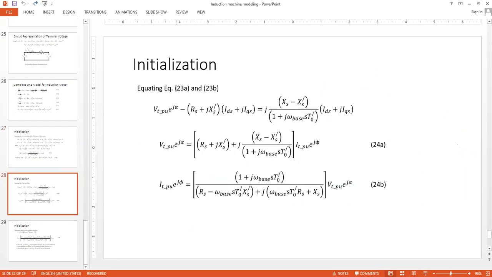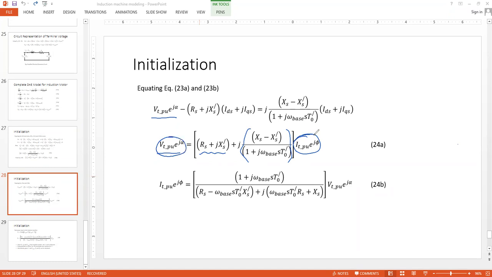So then we equate them, and after continuing for 1 or 2 steps, you will see that very nice expressions would come ultimately. So you will have VT per unit exponential of J alpha. You see some R plus J plus some other terms, and then the current phasor. So this is the voltage phasor.